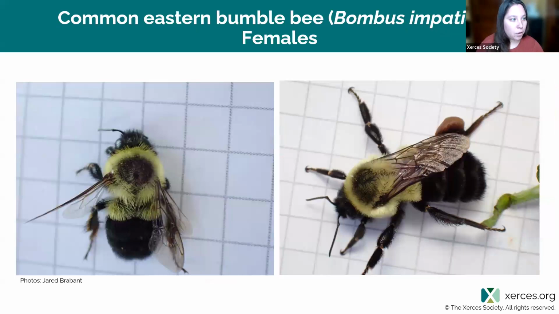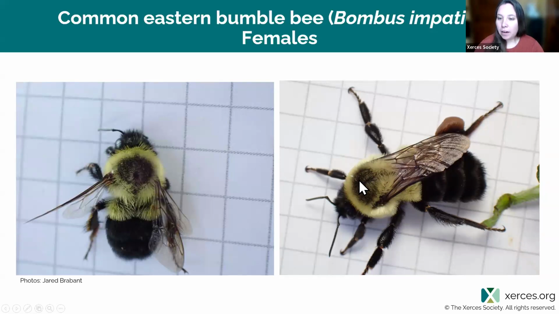Just to give you guys a couple more examples to look at, from these 2 bumblebees, we can clearly see the color patterns on the thorax and the abdomen. We see a mostly black abdomen with T1 yellow, and then the thorax mostly yellow with a dot of black or a teardrop shape in the middle.